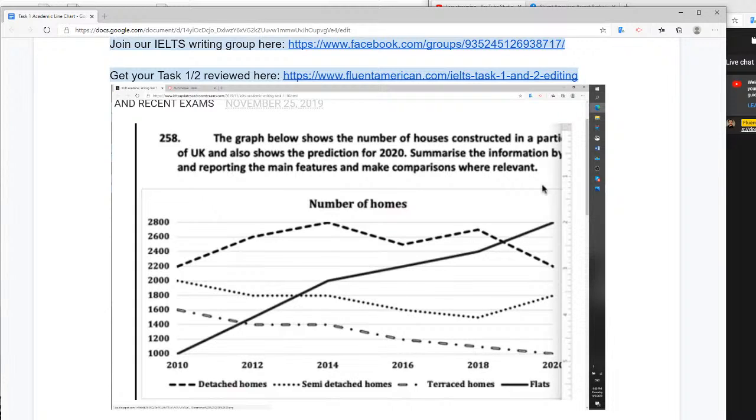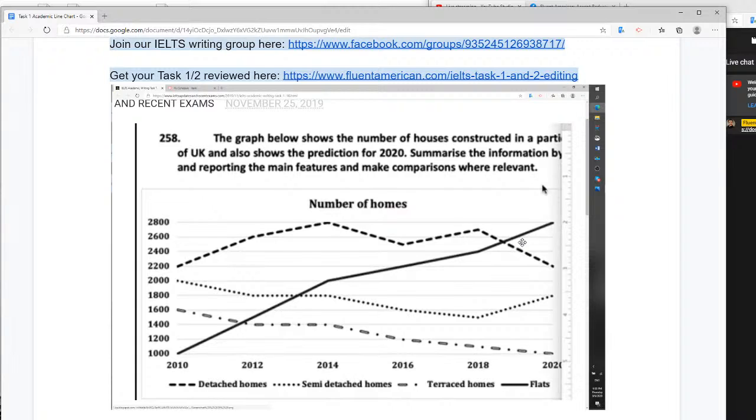So I would maybe just add a little note between 2014 to 2018, because that seems to be the most dramatic point for this information.